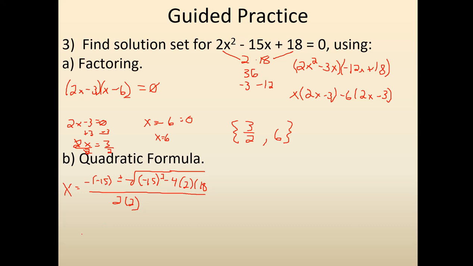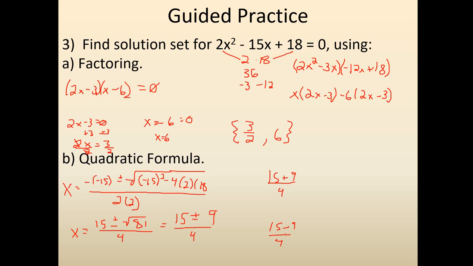So cleaning this up a bit, I end up getting 15 plus or minus the square root of 81 all over 4. Square root of 81, that's a perfect square, so I can replace that with 9. So 15 plus or minus 9 over 4. So my two setups are going to be 15 plus 9 over 4 and 15 minus 9 over 4.